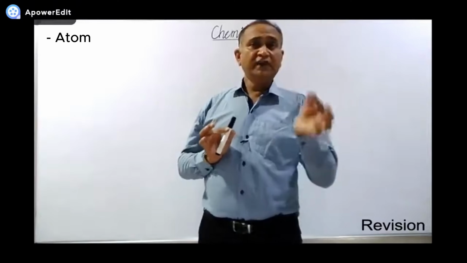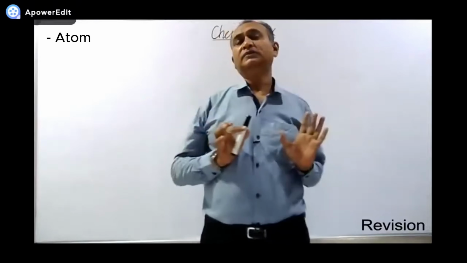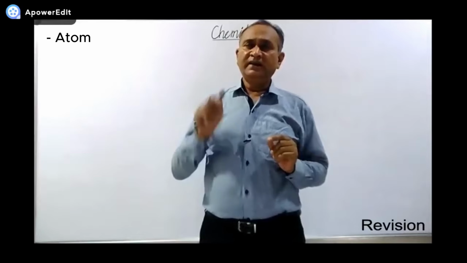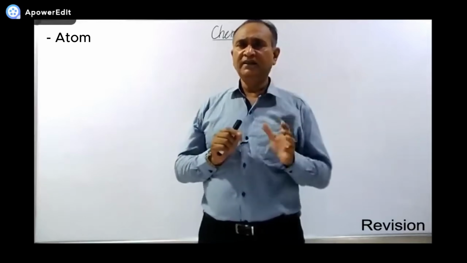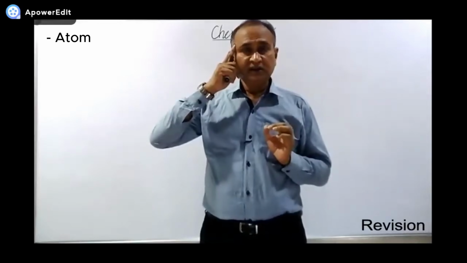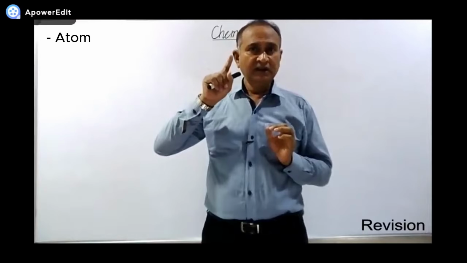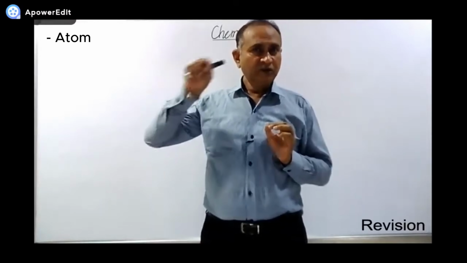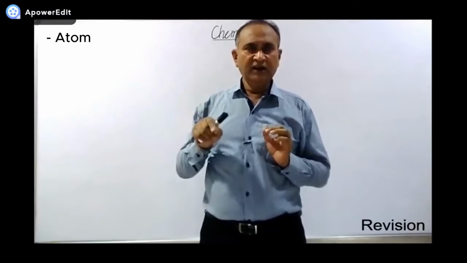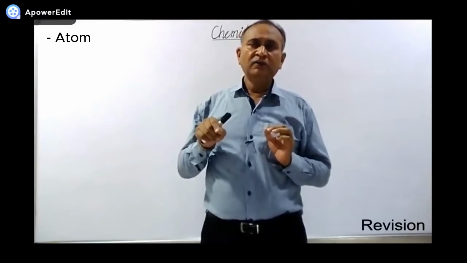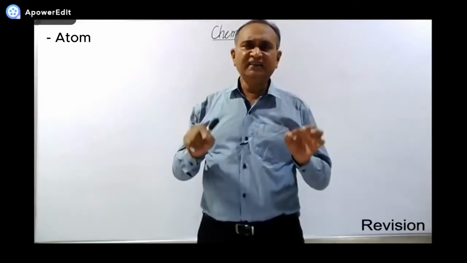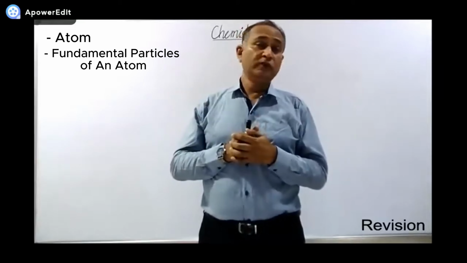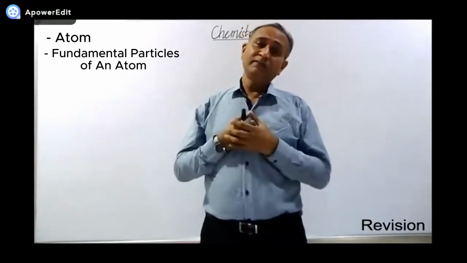Now, the size of an atom is very small. I told you in the beginning that at the tip of a needle, there would be at least 1 lakh atoms. So what would be the size of a single atom?